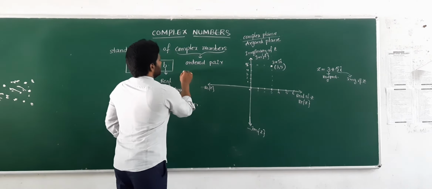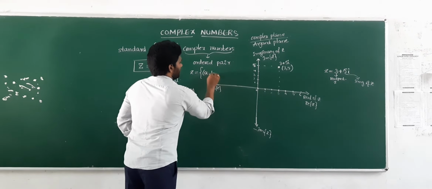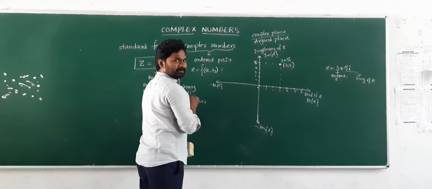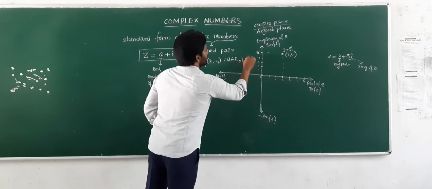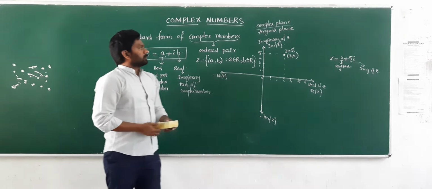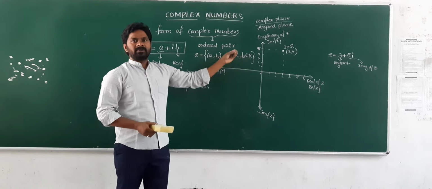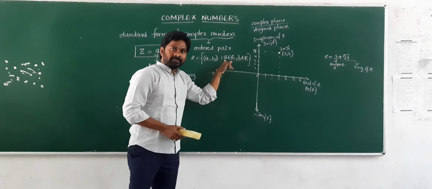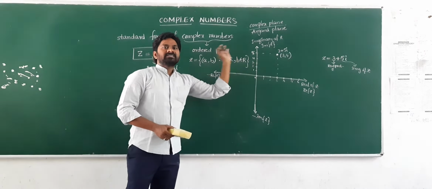We can represent a complex number as an ordered pair a comma b, such that a belongs to the real numbers and b belongs to the real numbers, where a is the real part and b is the imaginary part of the complex number.